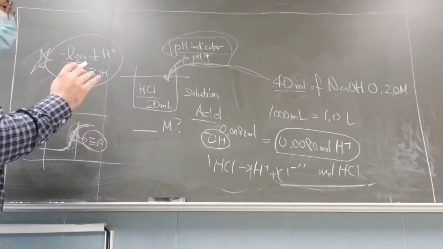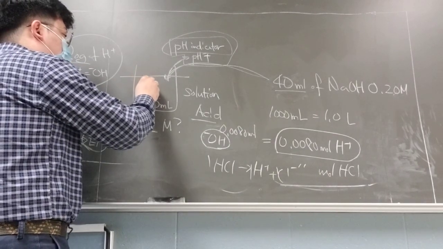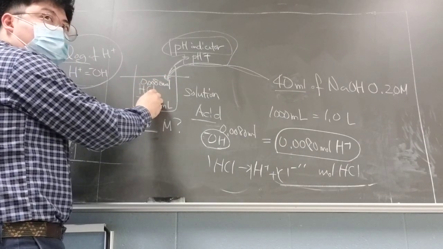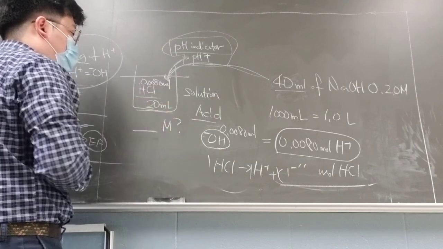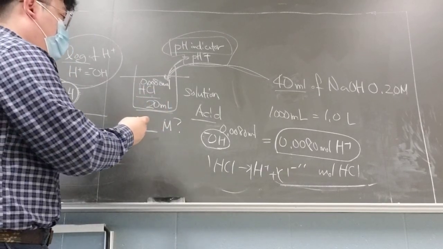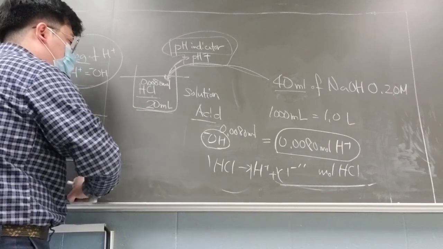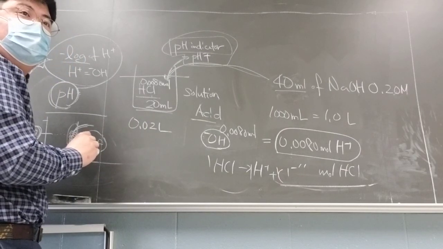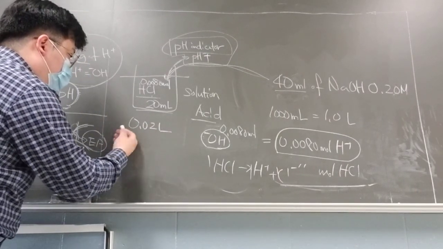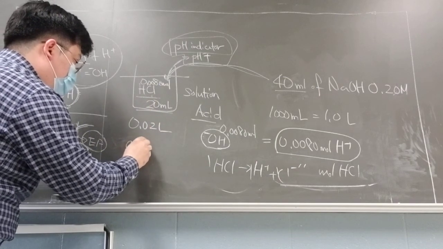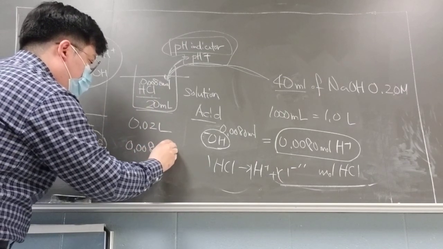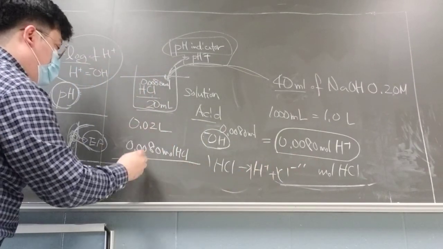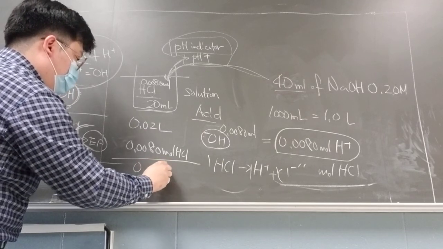So that means initially you had 0.0080 moles of HCl, hydrochloric acid, in 0.02 liter. Because 20 mils is equal to what? Right? Okay, so then you have 0.0080 moles of HCl, because we're assuming it's the same, divided by 0.02 liter.